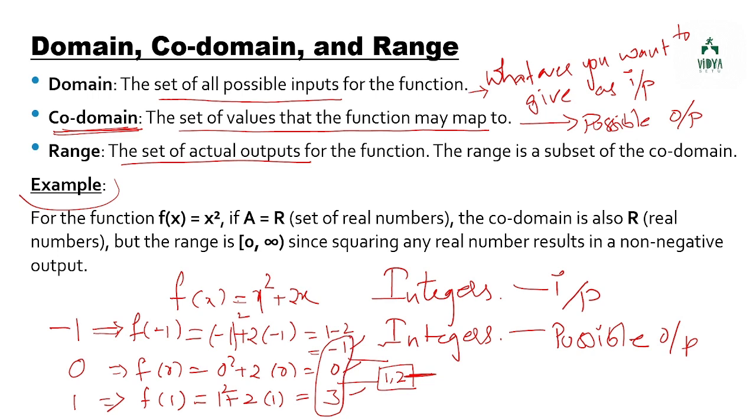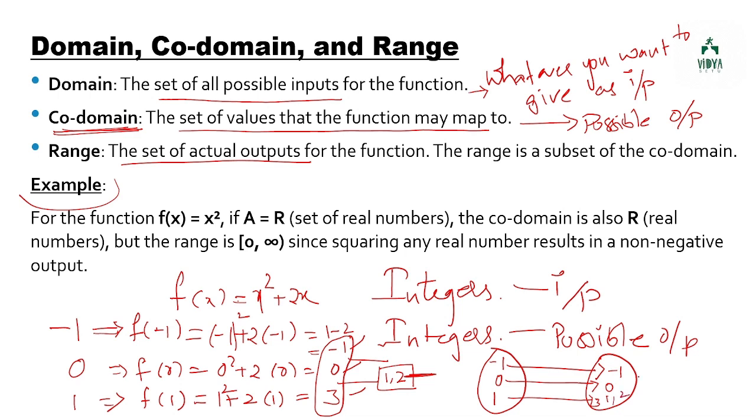These are there in codomain, but only these are the range. You understood? The values for which exactly the function maps itself is called range. But codomain can have 1, 2 also, right?